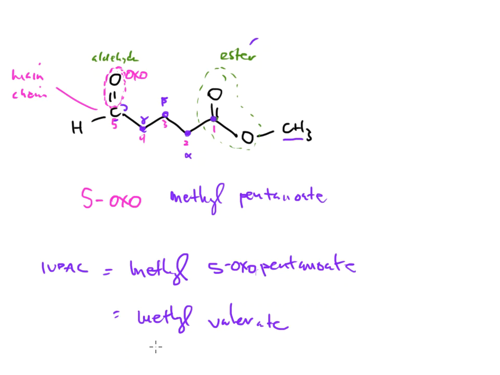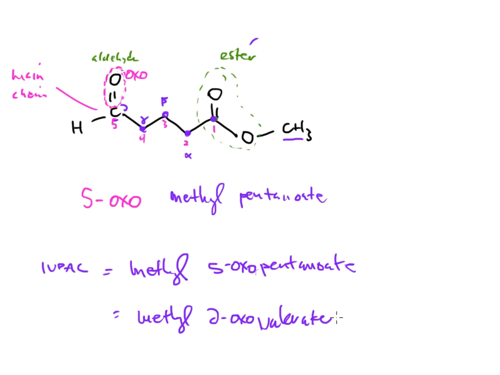So I'm going to rearrange it again because I didn't leave myself enough room. Here, let me just erase this. Methyl comes first. That's the order. That's what it tells me to do with an ester. And then it looks like delta oxo instead of 5-oxo. And then valer because of the 5 carbons.